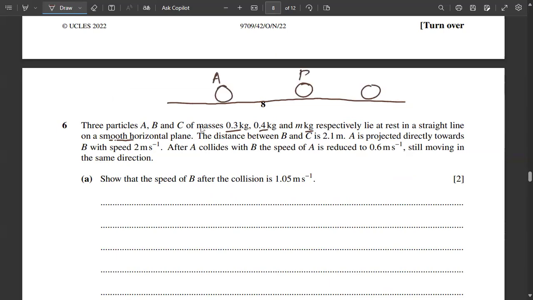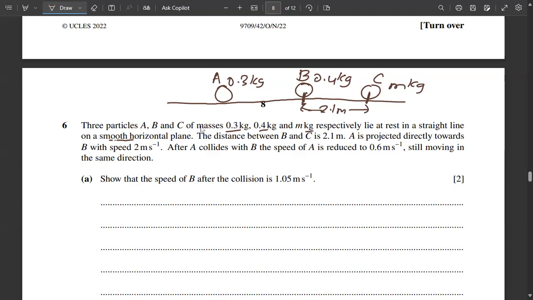I don't think this will be a hard question for you, and the masses are 0.3, 0.4, and m. Kg, let me write down the units too. Kg, kg, perfect. So the distance between B and C is 2.1 meter. Now we have that also. This distance is 2.1 meter.